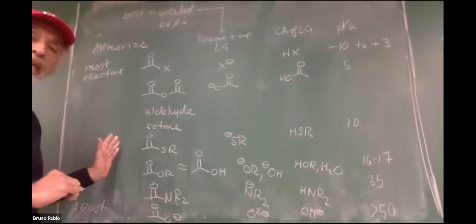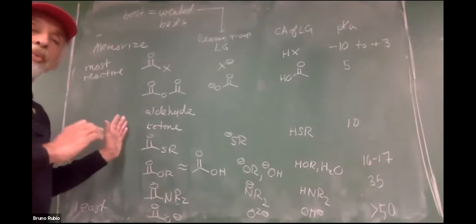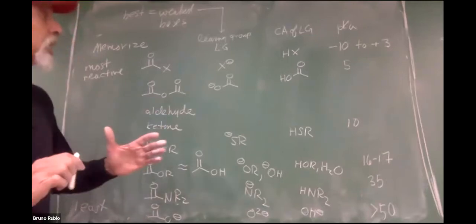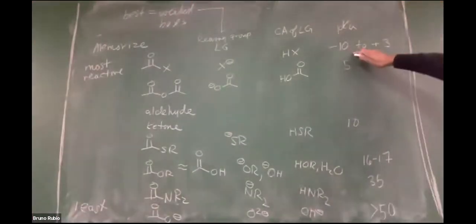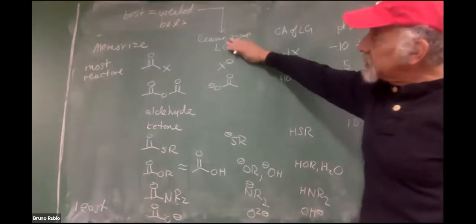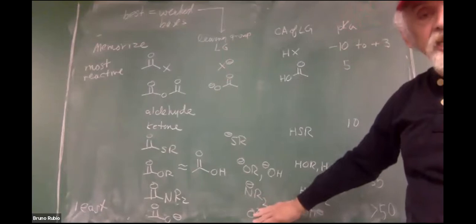And we know when we were studying acids and bases that a strong acid has a weak conjugate base and a weak acid has a strong conjugate base. The best leaving groups have the strongest conjugate acids. But really the important thing to remember is that the best leaving groups are the weakest bases.